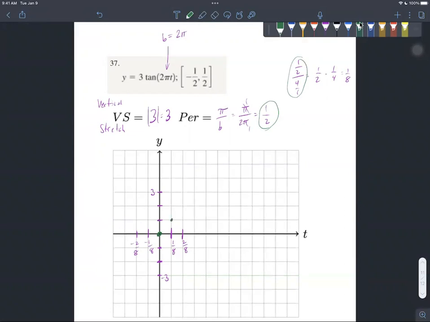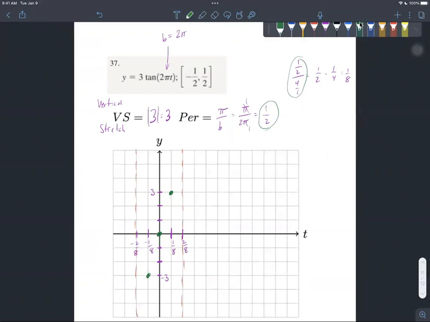But in this case, since there's a factor of 3 in front of the function, it's stretched by a factor of 3 vertically. Our next increment of 1/8 gives us a vertical asymptote. So does that negative 2/8. And then finally, at negative 1/8, we have a y value of negative 3. And so we can graph. And it looks something like this.